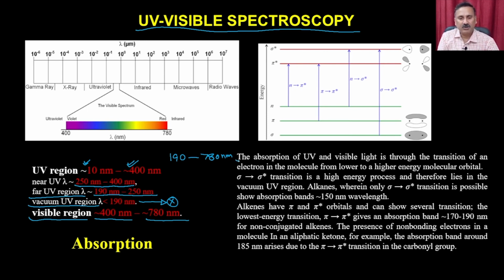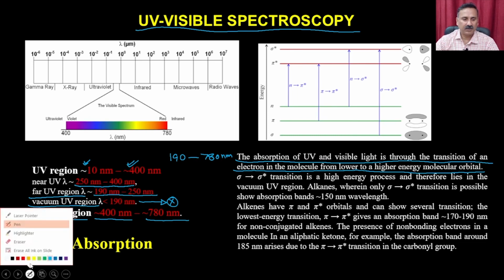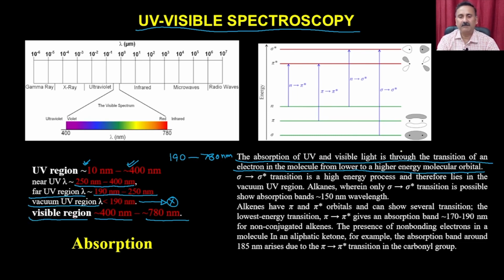The absorption of the UV and the visible light is through the transition of an electron in the molecule from a lower to a higher energy or molecular orbital, right? This is what has been shown, how the different types of UV visible transitions happen.